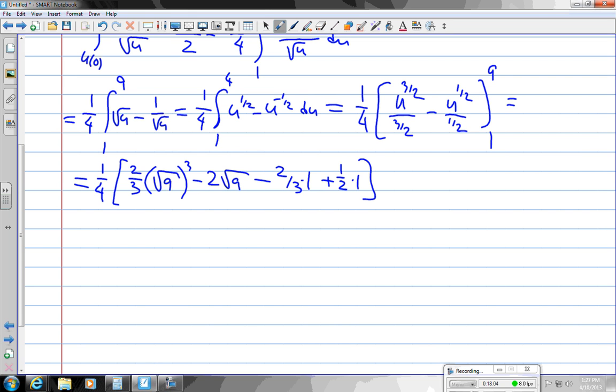So whatever that is. 1/4 times: square root of 9 is 3, cube it 27, divide by 3, back to 9, multiply by 2, 18, minus 6, minus 2/3, plus 1/2, or whatever.